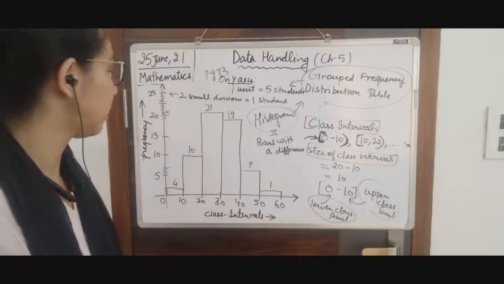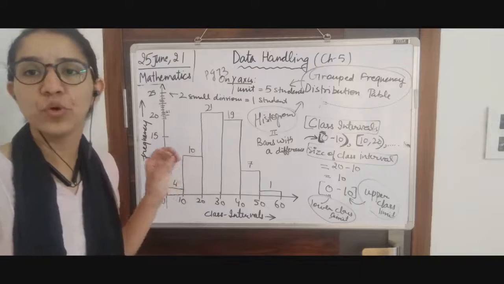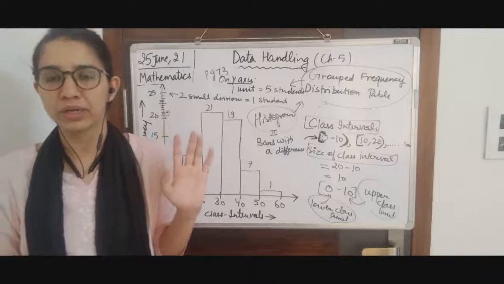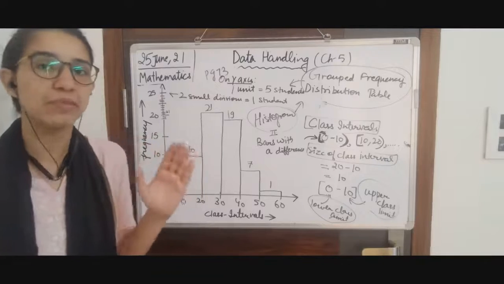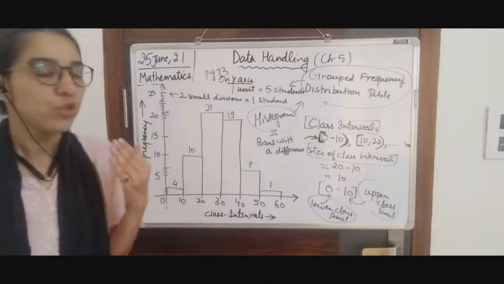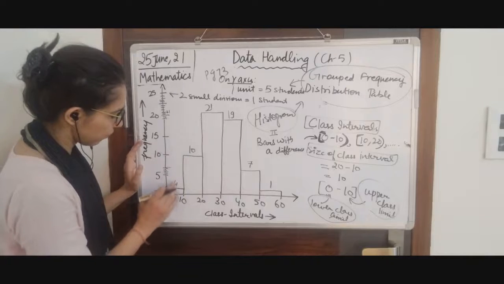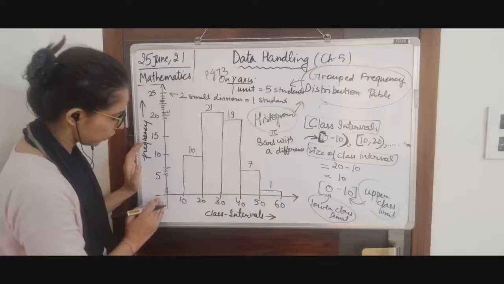Sometimes your data doesn't start from 0 to 10. We have no data for 0 to 10, or maybe 10 to 20 also we don't have data. So we start from maybe 30 to 40. The first bar that we are representing is 30 to 40. To cover that gap, suppose we don't have this and we want to represent our data starting from 10.